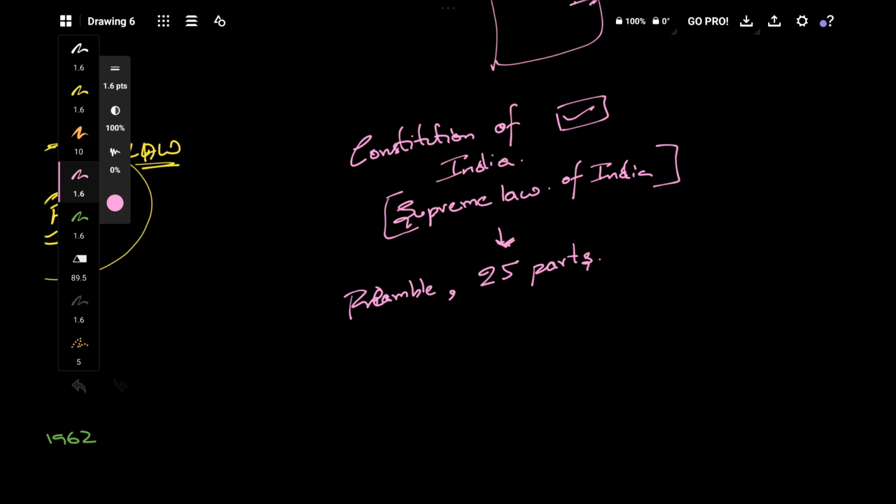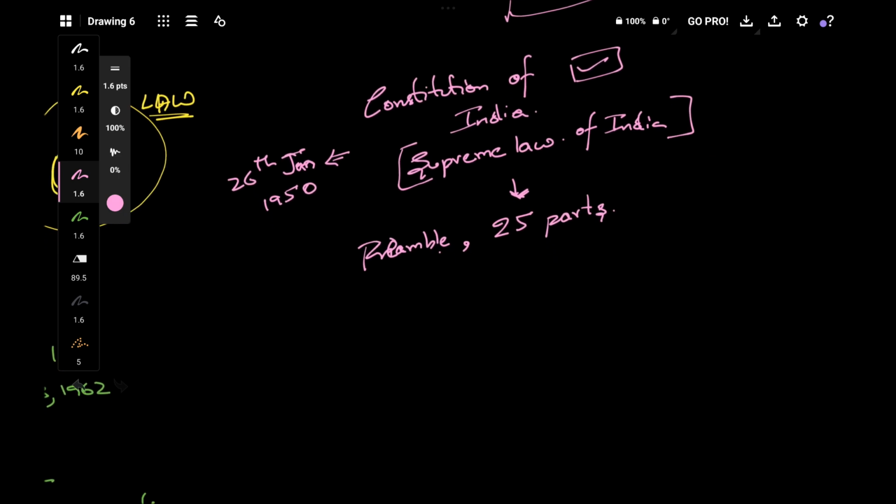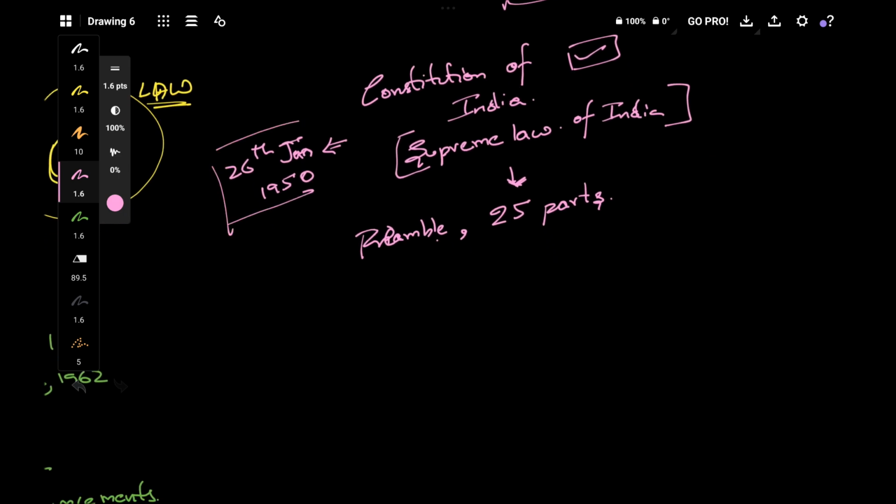So the preamble generally refers to what is in the constitution. The Constitution of India came into force on 26 January 1950. That's when we celebrate our Republic Day. So many people confuse between this. I just misspelled it, 26 Jan 1950. This is the day when the constitution was formed, that's why we celebrate Republic Day on that. Some people may not know this, but it's fine. I too knew it late.